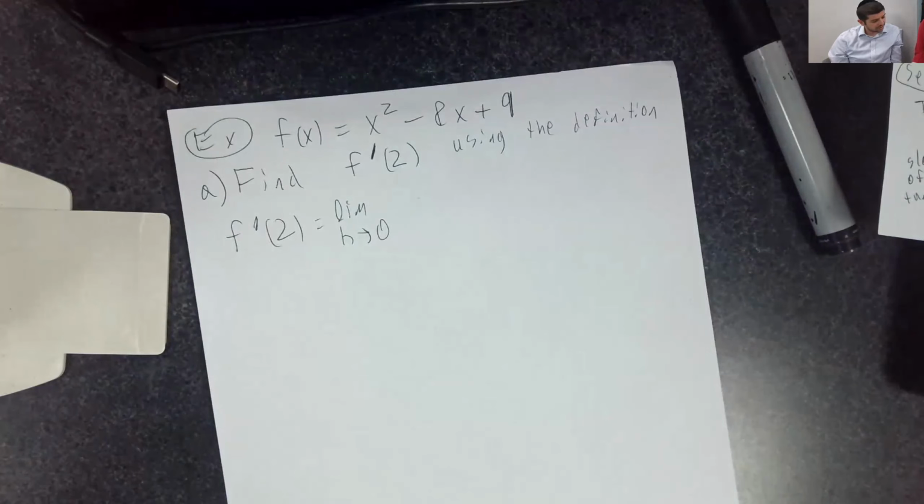You learned the shortcuts, but the whole idea is we want to understand the definition. So f of 2 plus h minus f of 2, divided by h.